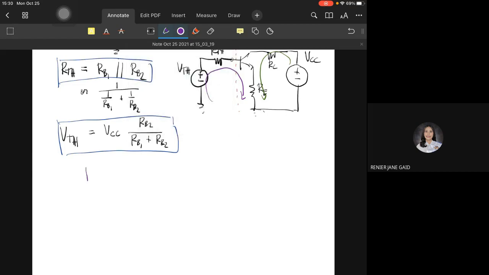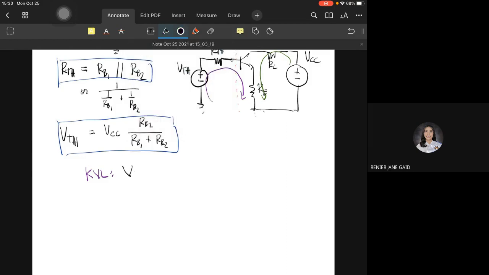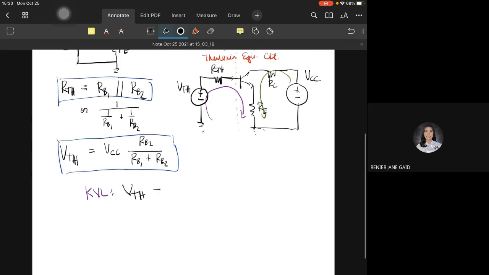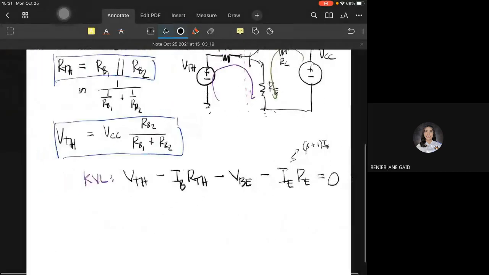So the KVL equation for the first loop is VTH minus RTH times the current flowing through it, IB, minus VBE minus IE RE equals 0. And we know that IE is equal to beta plus 1 times IB. And that's it.